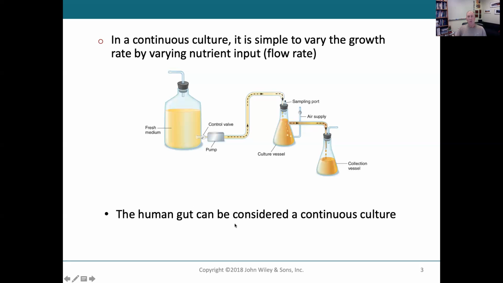Okay, so the relevance of this system to the real world is if you think about something like the human gut or the digestive tract of any animal, right? The microbes that are living in the intestines ultimately are limited in growth by the flux of new nutrients coming in. And of course, the waste product is being expelled in feces, right?